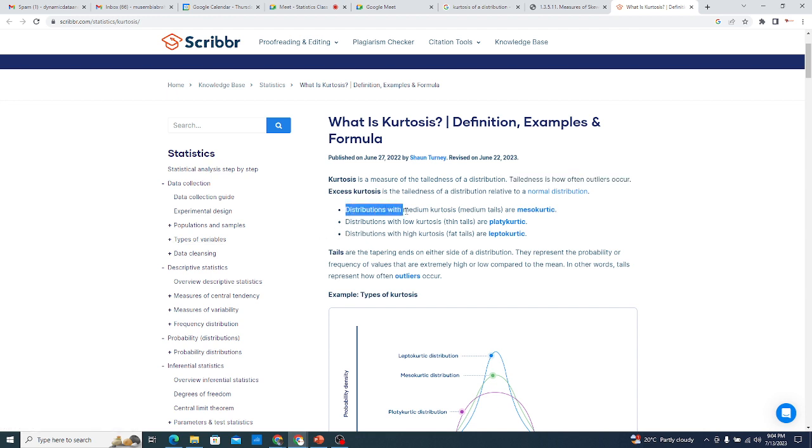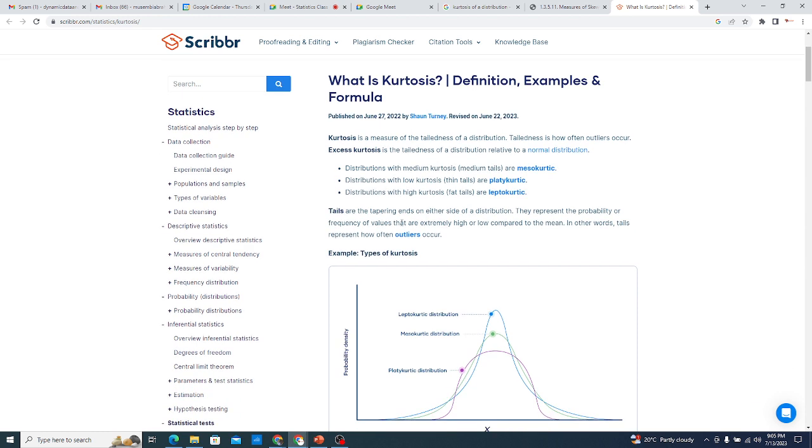A distribution with medium kurtosis, or medium tails, meaning we are talking about an almost perfect normal distribution, with a medium number of outliers, is called mesokurtic.